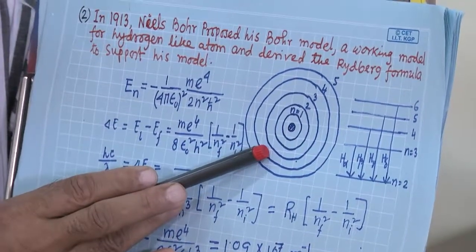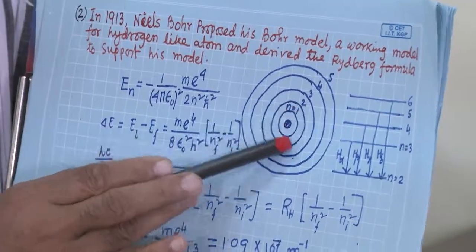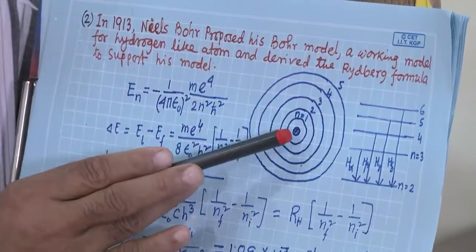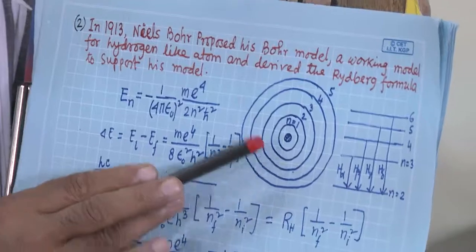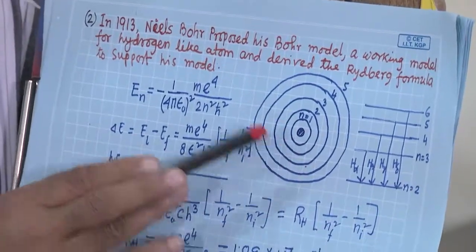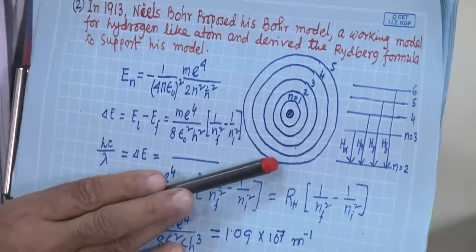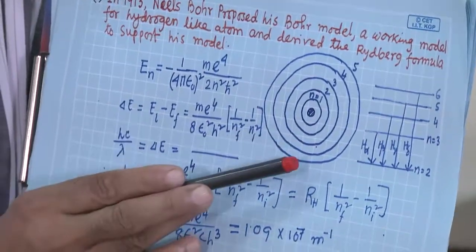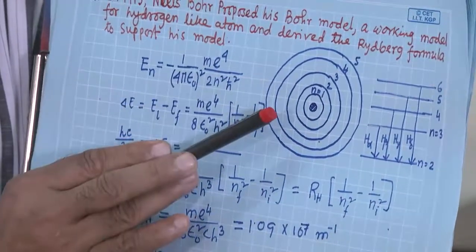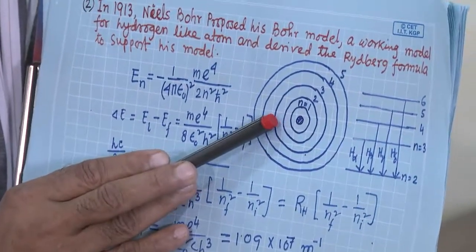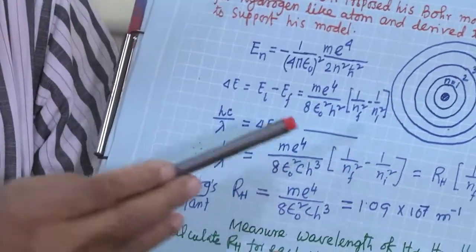When the maximum number of electrons are in that shell or orbit, we say it is a closed orbit or shell, and it cannot accommodate more electrons.